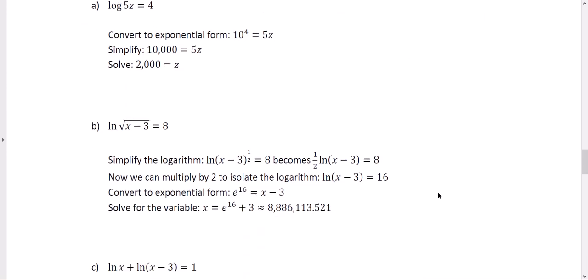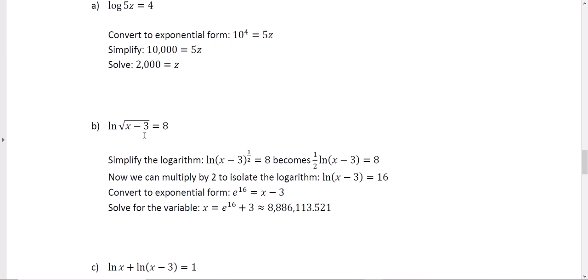All right, natural log of the square root of x minus 3 equals 8. We could do this in many different ways, but keeping the properties of logarithms in mind will make it much easier for you to algebraically simplify logarithms and logarithmic equations, and it'll also be super helpful when it comes to calculus, when it comes to derivatives and antiderivatives and limits and some of those cool things too.